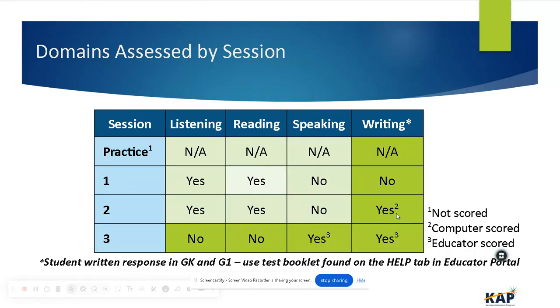But this writing is usually really just grammar, so it's computer scored. These first 2 have no human scoring. On the third, if they pass both of those, then they go to a third one. In that one, they have 5 speaking prompts and 1 writing prompt, and those will have to be scored by an EL teacher.